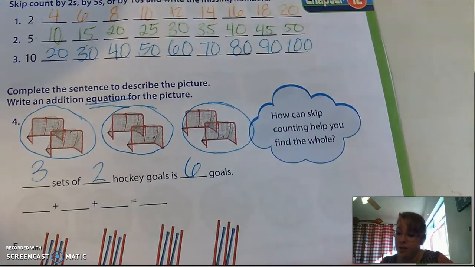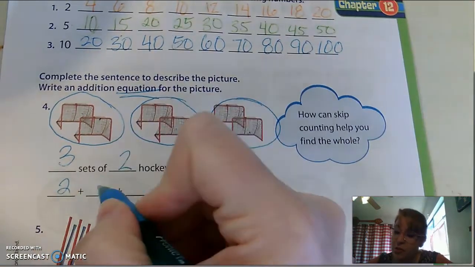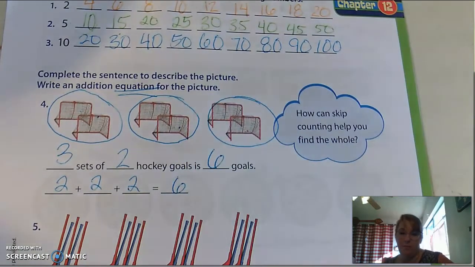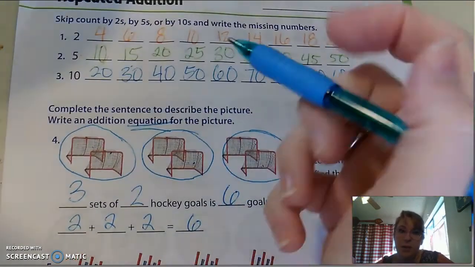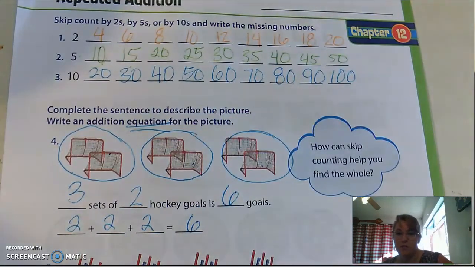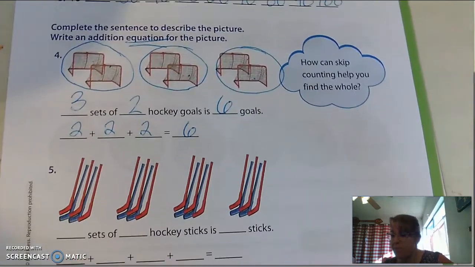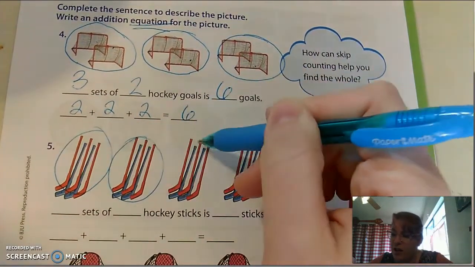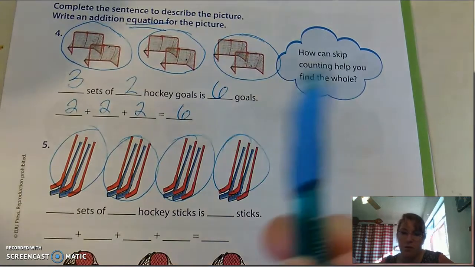That's where it gets easier. So I say 2 plus 2 plus 2 is 6. Just like we did up here, 2 plus 2 plus 2 is 6. Okay, we can do this. We got it.